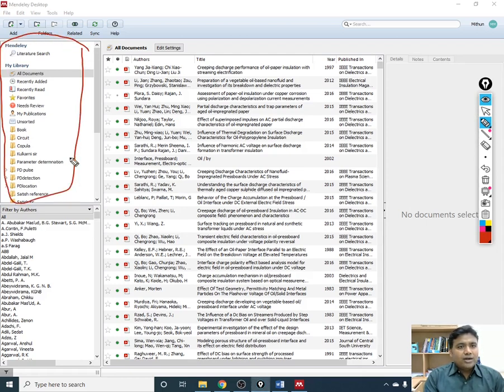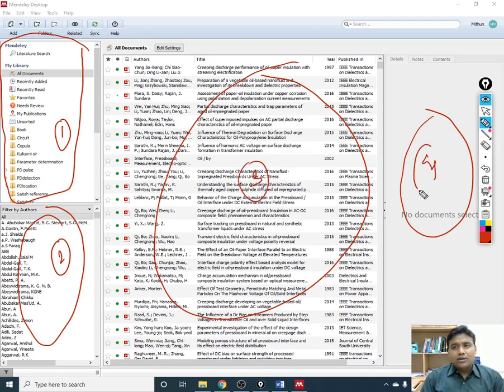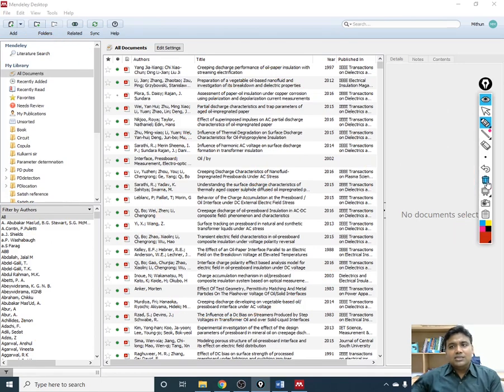Here you have one part of the window, here you have one part, this is the third part, and here you have the fourth part of the window. So how are these useful to you? That we are going to discuss. So let us see one by one.